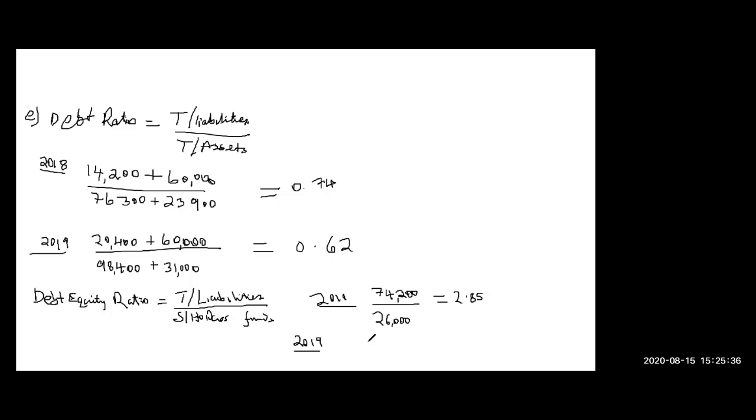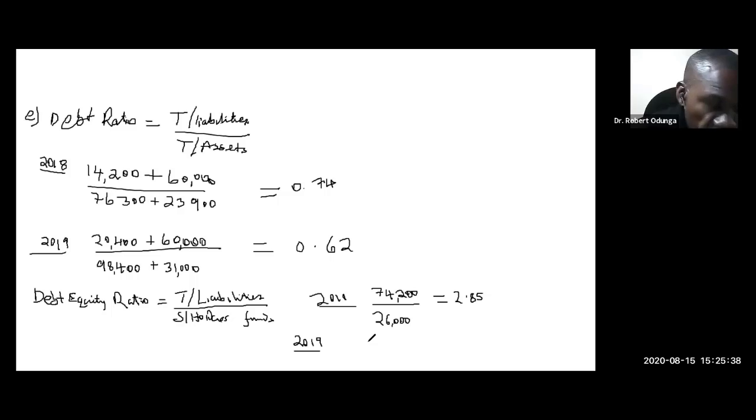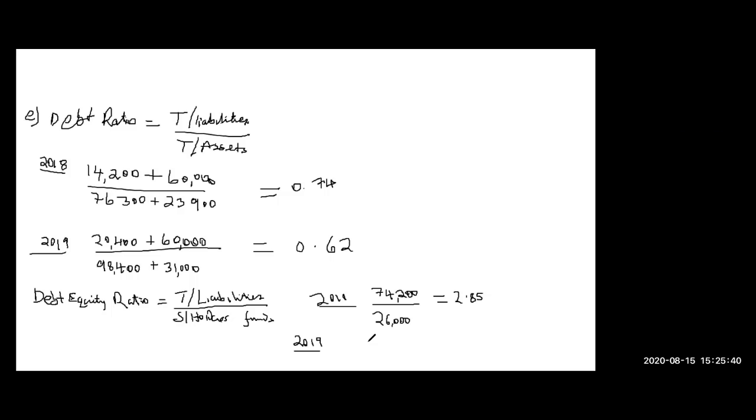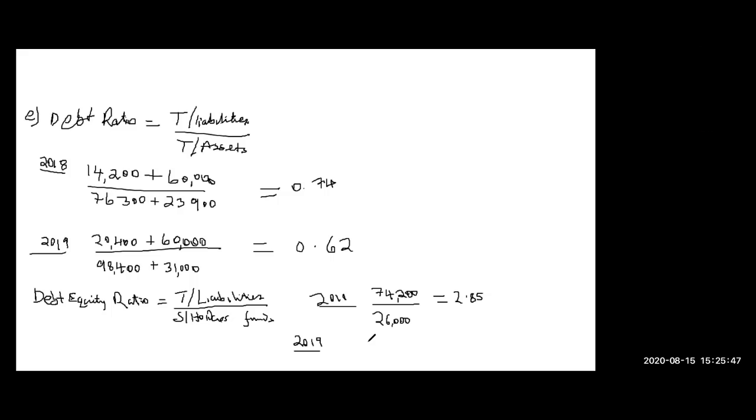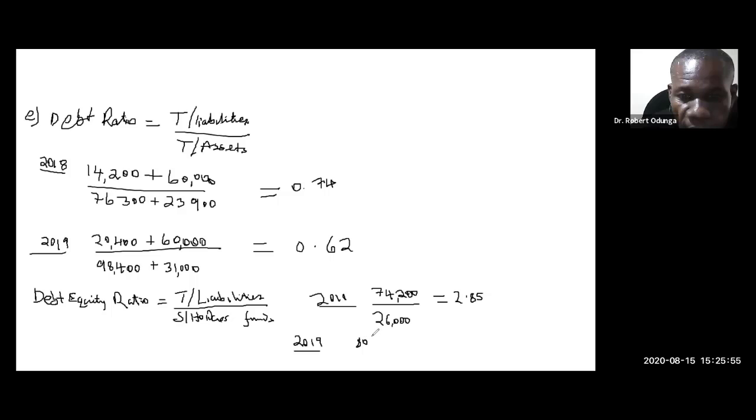Our total liabilities is 2,400 plus 6,000, which is 8,400.